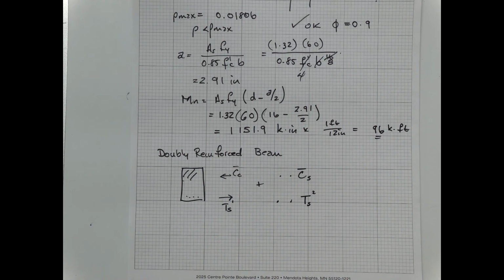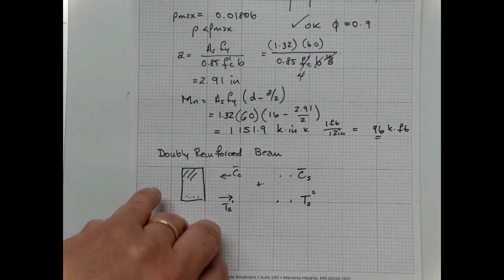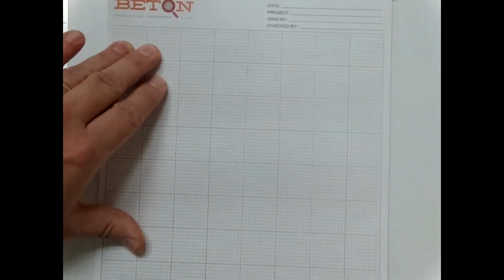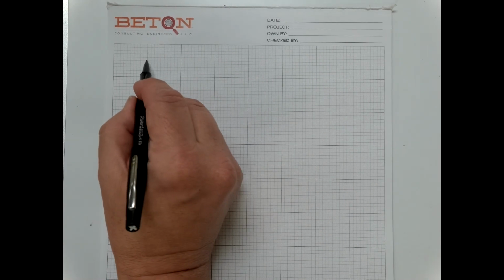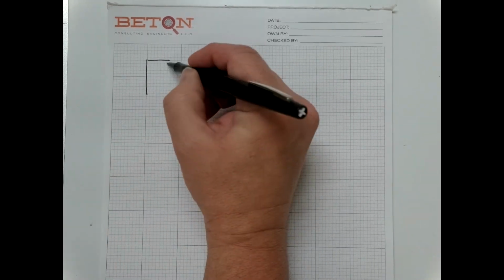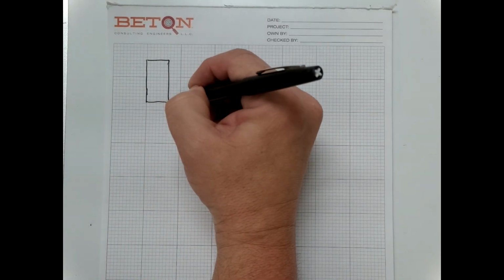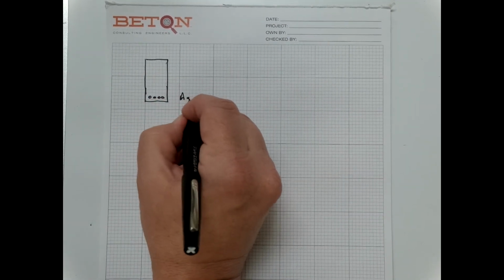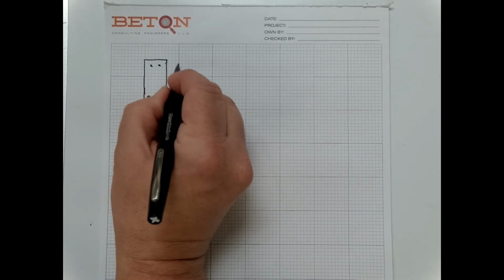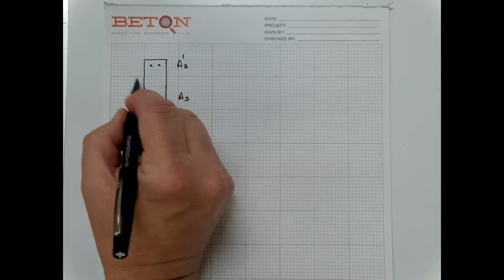And so now we need a few more vital statistics to look at. So let's take a look at how we would perform that type of analysis. The first thing that we would do is look at our beam. So let's take a look at a doubly reinforced beam. This one here has some steel at the base. It has some compression steel.